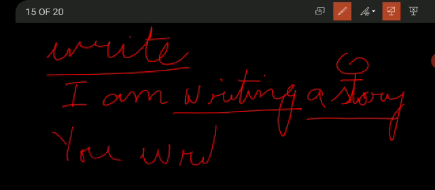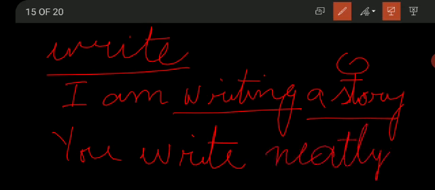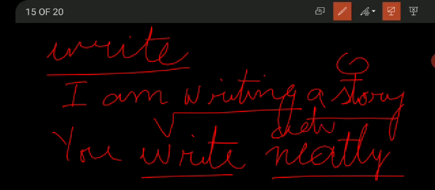You write neatly. Now in this sentence, write is the verb, but there is no object. Instead of an object, we have used an adverb. So this is intransitive. So this is how a verb can be used as a transitive verb and an intransitive verb.